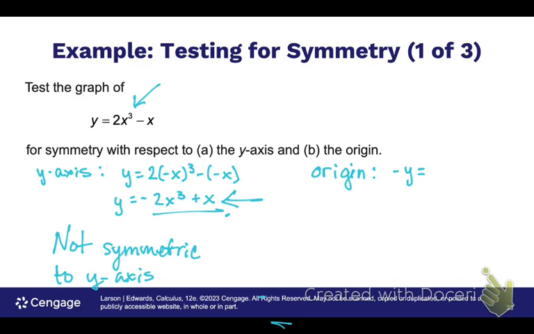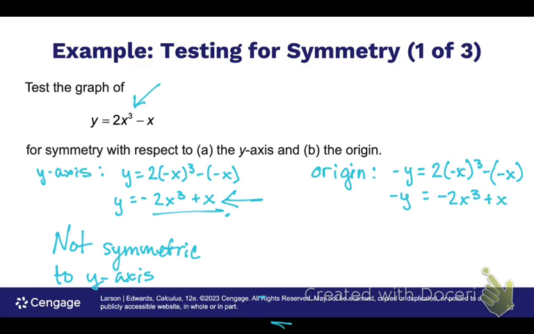So I can just use it, or do you want me to do the whole thing? Do the whole thing. Okay, so 2 negative x cubed minus negative x, right? Yes. Okay, so that gives me negative 2x cubed plus x equals negative y.